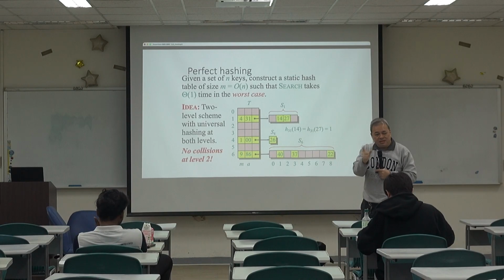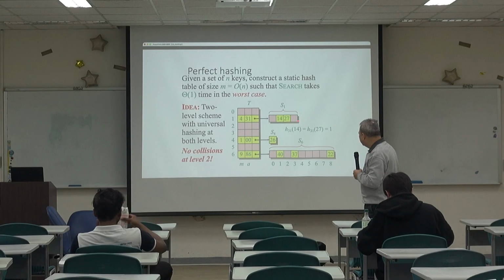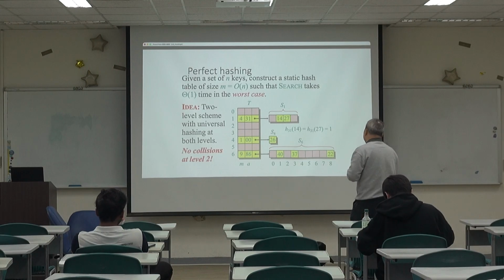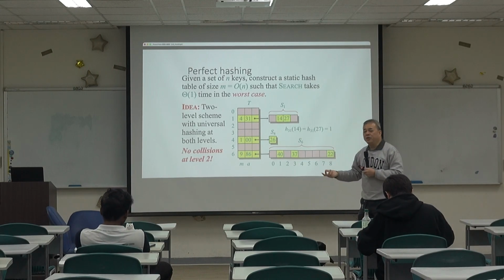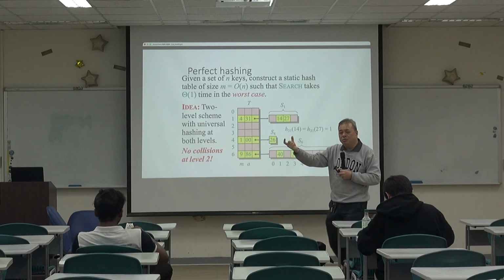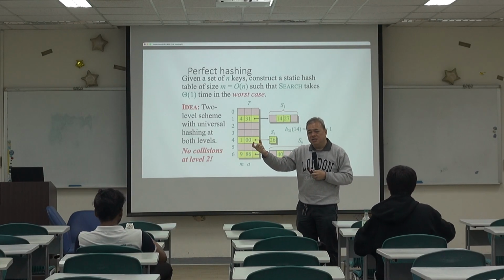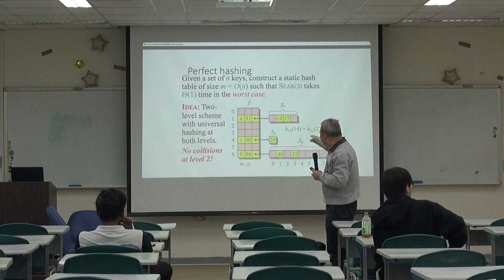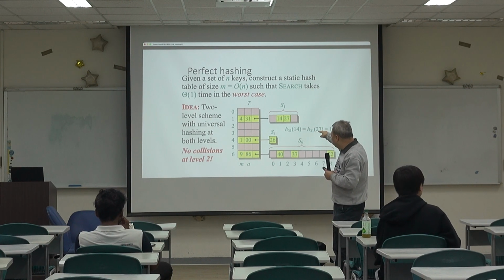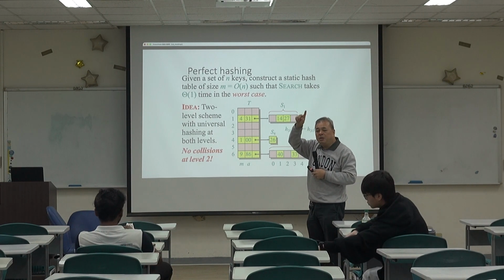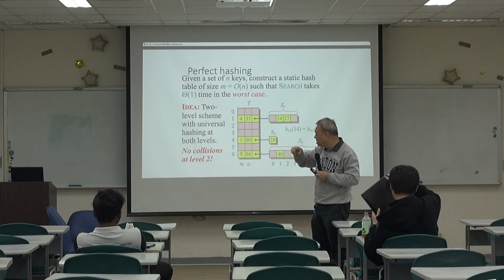But this time, for this Si, say here, these two keys are colliding, right? So we make sure that the size of the table is n squared, because we have two keys that collide. So the size of the second level table is 2 to the power 2, so it's 4.